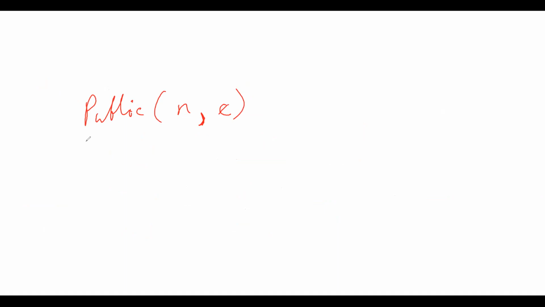The private key is going to be N comma D, as you might imagine. That's basically it. With those operations, we have an algorithm for RSA that allows us to define the public and the private key.